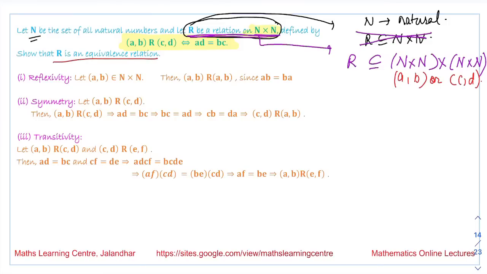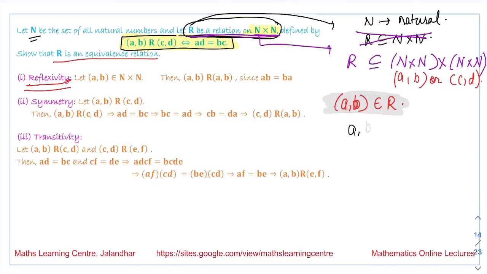So first we are talking about the reflexivity. We have considered an element (A, B) that belongs to R. Again I am repeating, the elements over here are in the form of ordered pairs. We have to check whether (A, B) is related to (A, B) or not. Now what is the condition that is given to us?